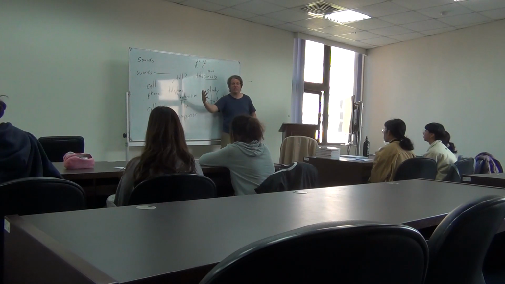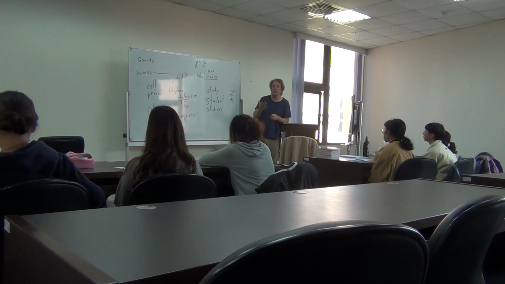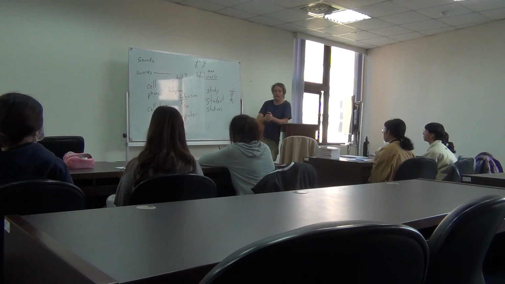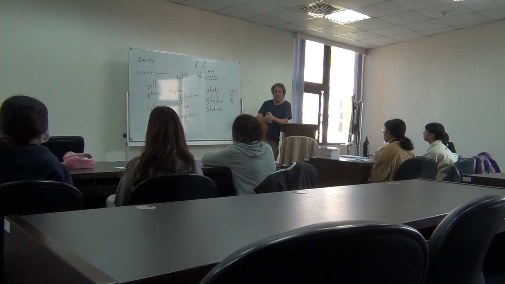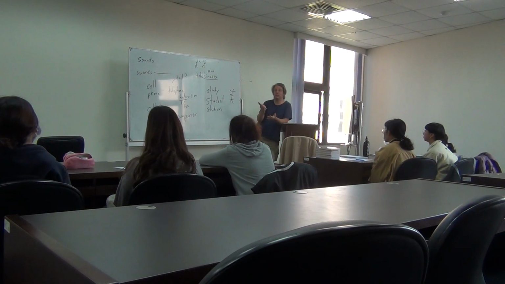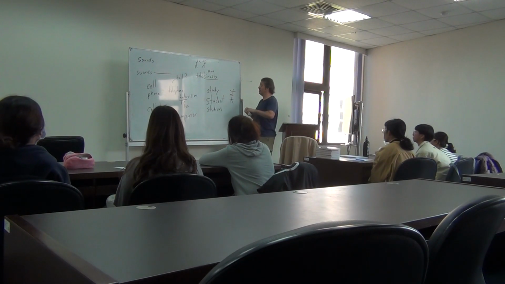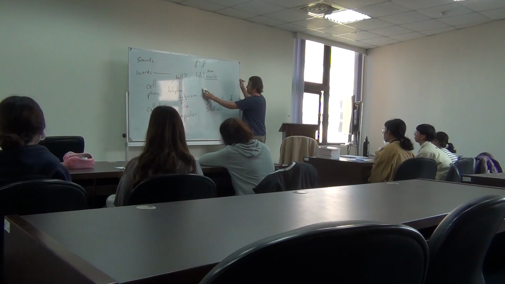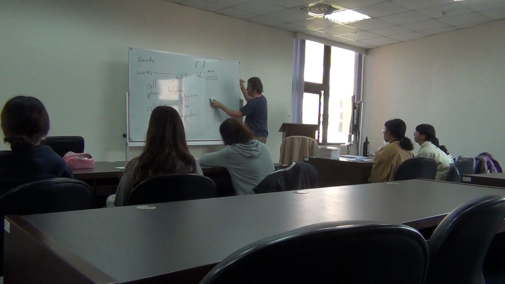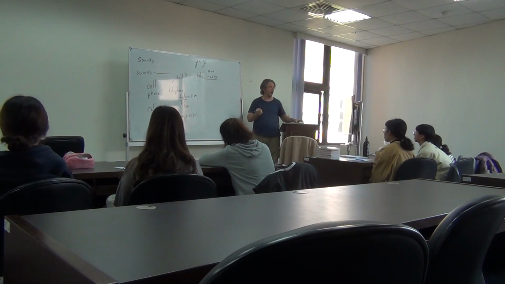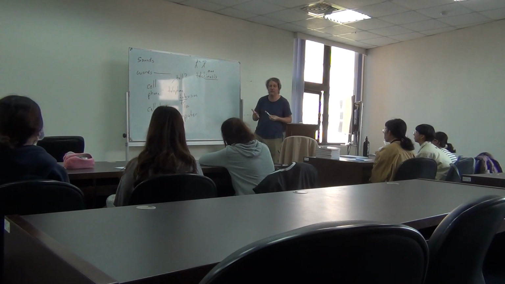Where else do you see the word phone? Where else maybe you know that word from? For example, what is the 注音符号? What is the 注音符号? Yeah, what do we call it? It's a kind of alphabet, right?